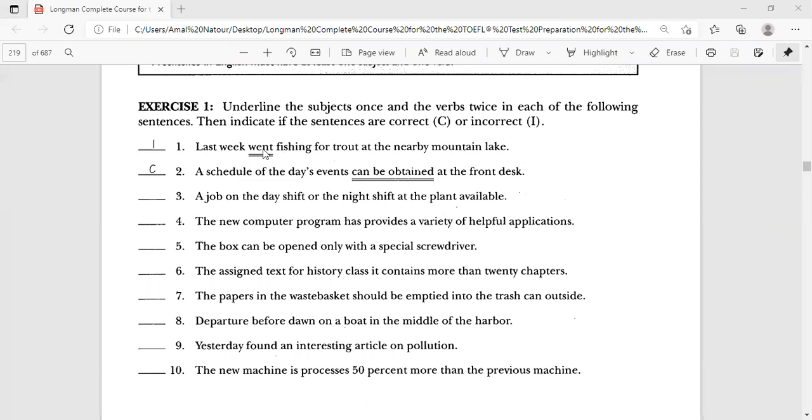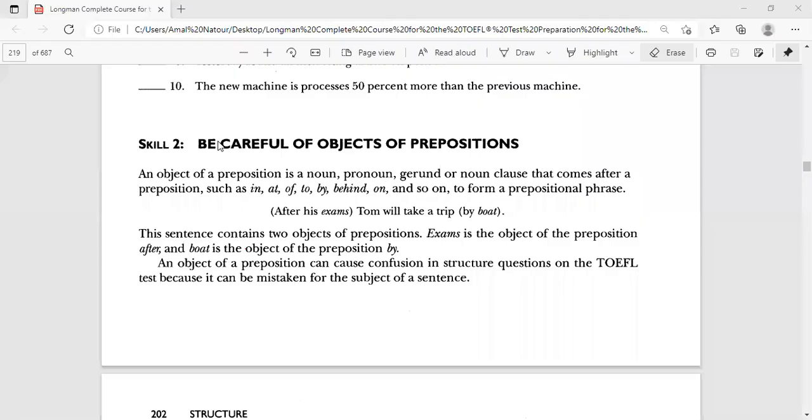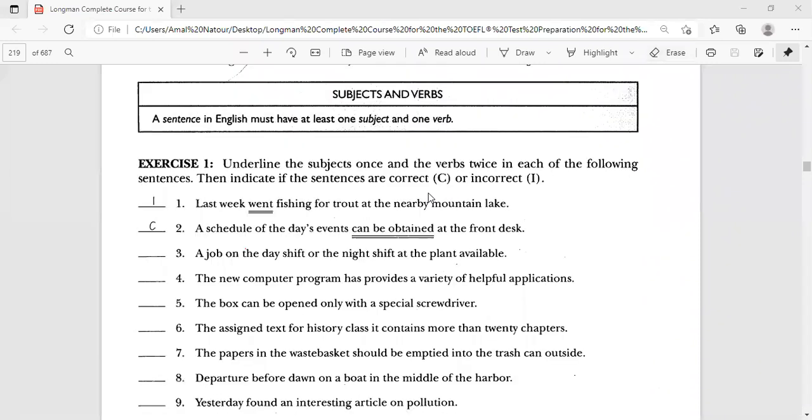Now we have to search for the subject and the verb and see what is missing or what is extra. Okay, now I'll give you 5 minutes to look at these sentences and try to answer them together. Now, after we have finished exercise 1.